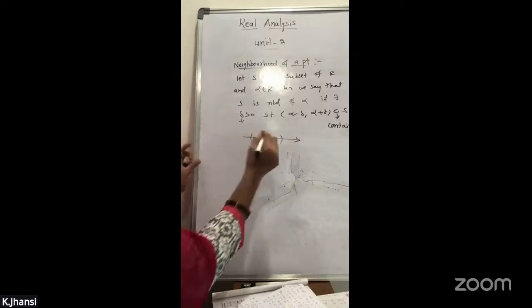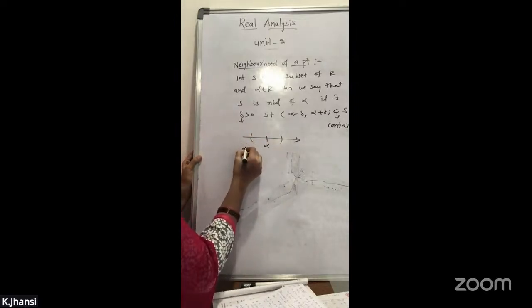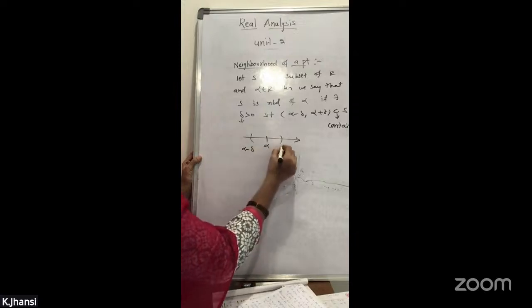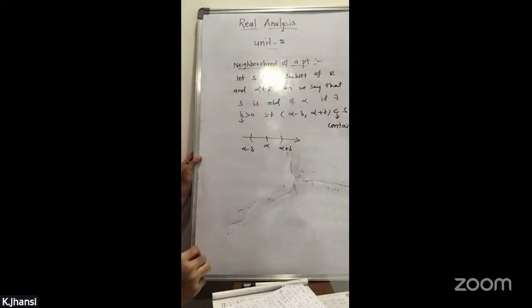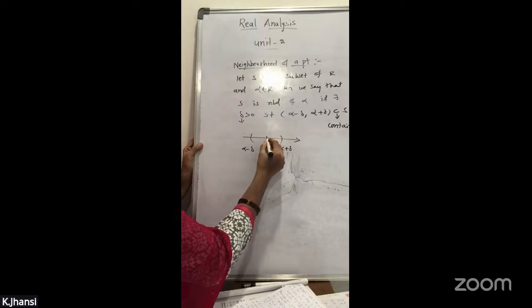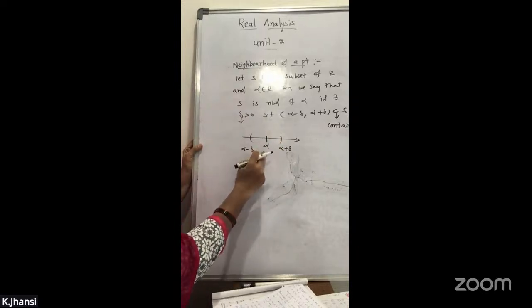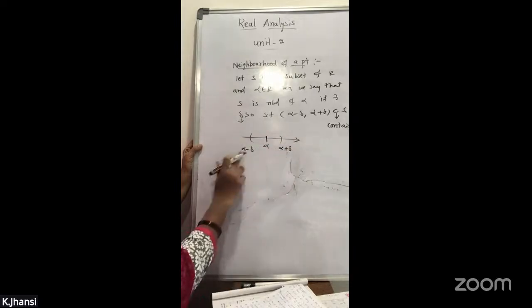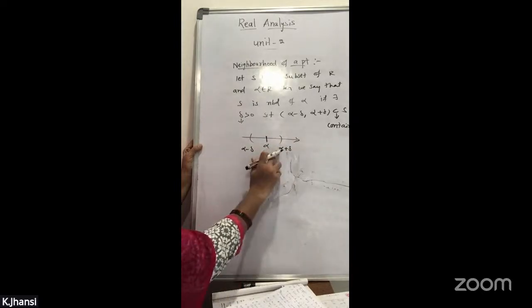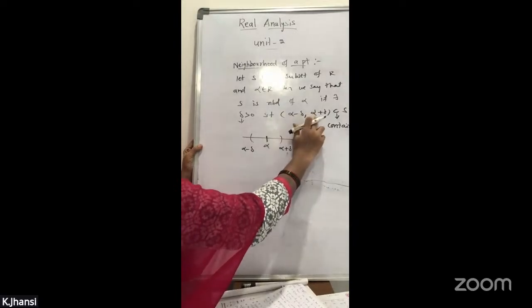So here it will be alpha minus delta, and alpha plus delta. If alpha is any element which belongs to real numbers, then in its neighborhood you have alpha minus delta and alpha plus delta.